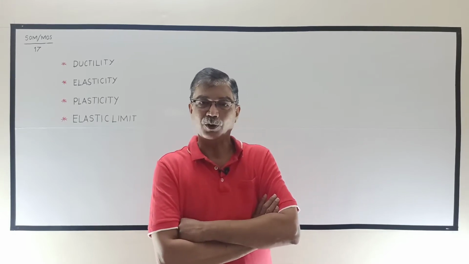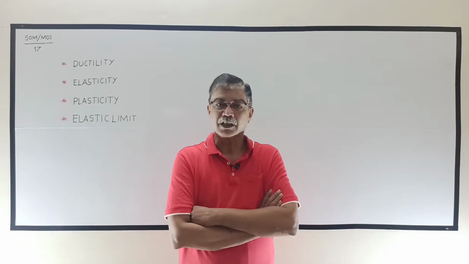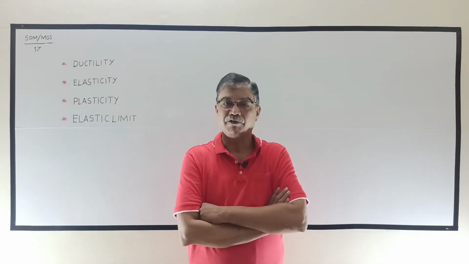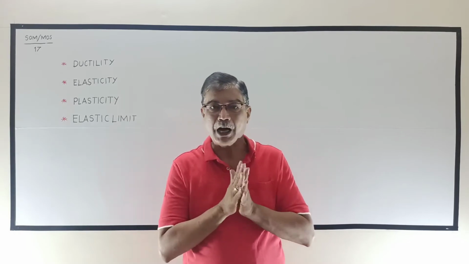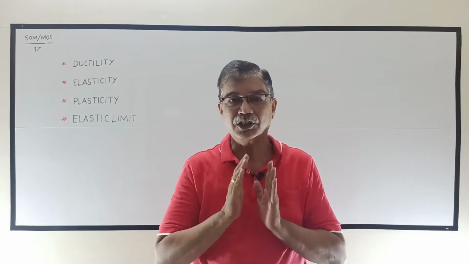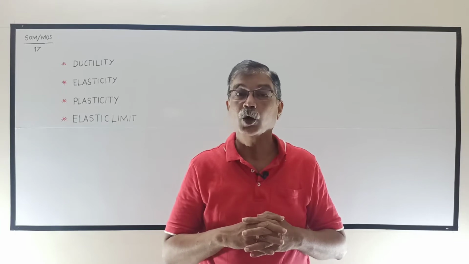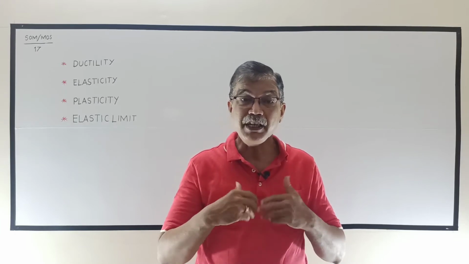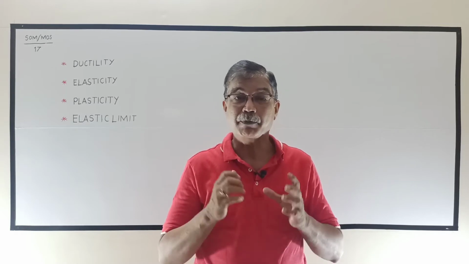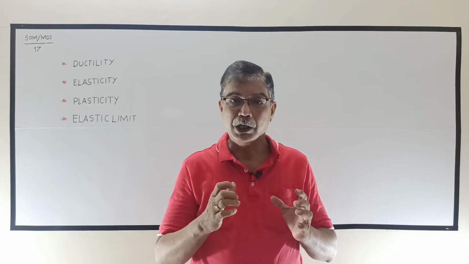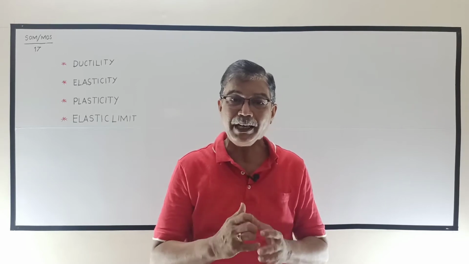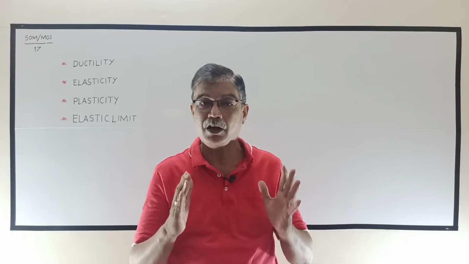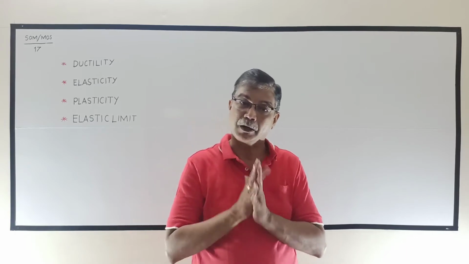Now in this video, we will see some important properties of the material, because whenever any machine part or any member of a structure is subjected to external load, the behavior of that particular member or machine part depends upon various properties of material of that particular member.